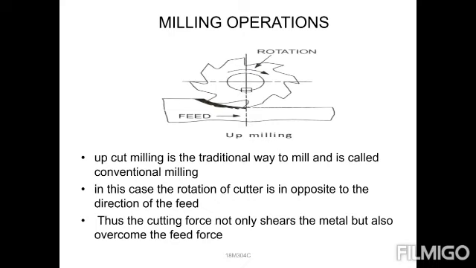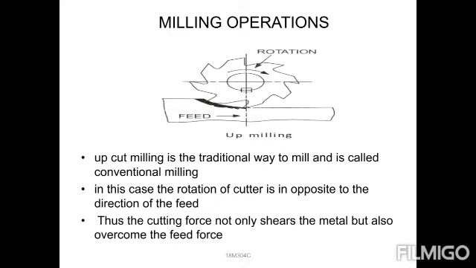In this case, the rotation of the cutter is opposite to the direction of feed. Thus the cutting force not only shears the metal but also has to overcome the feed force.